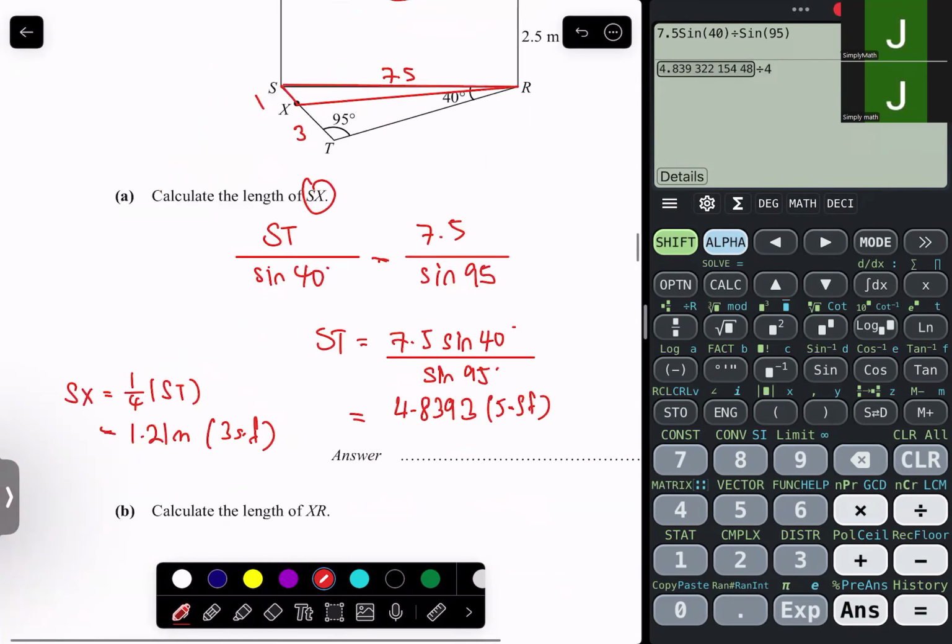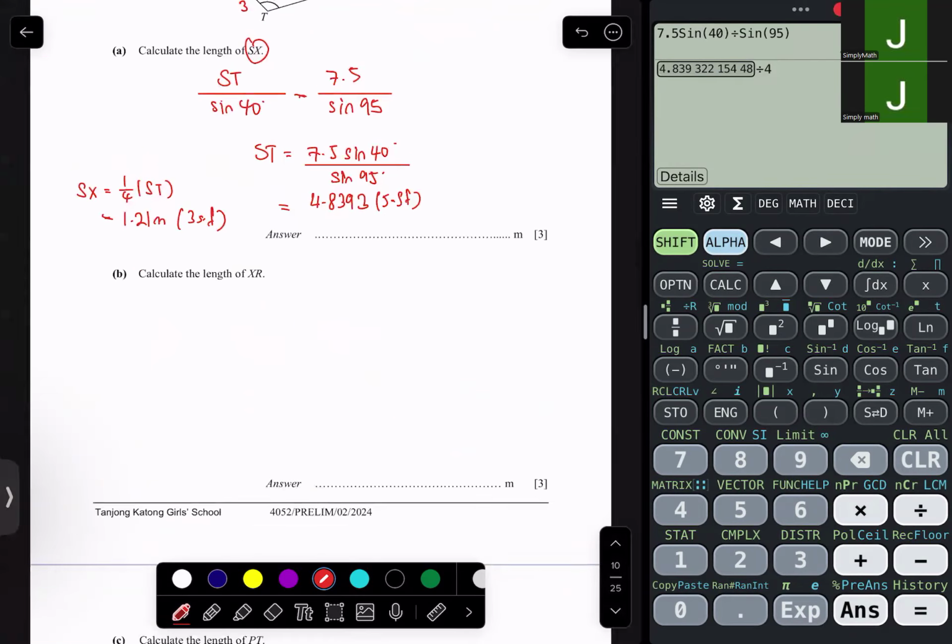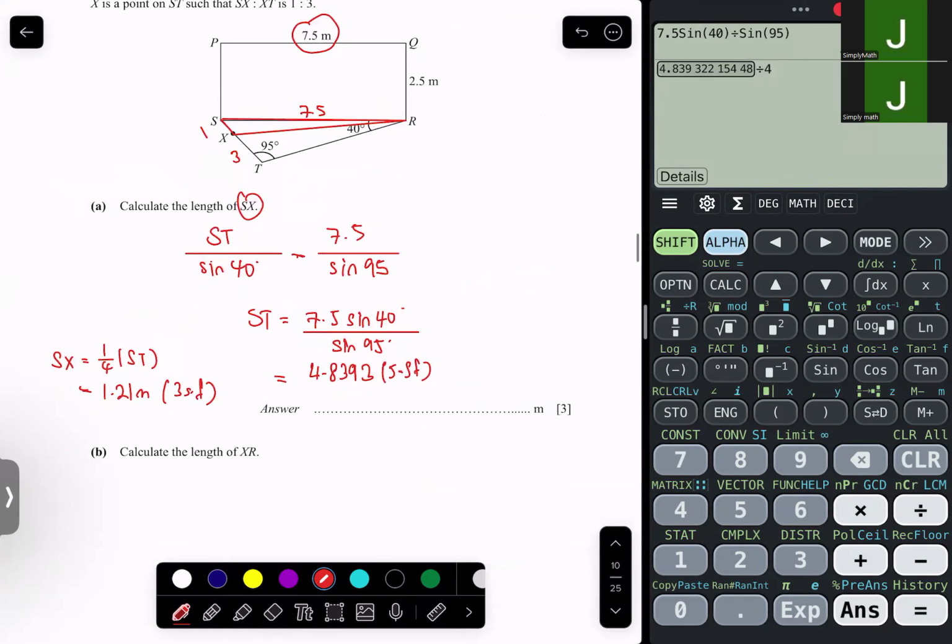I definitely can find TR. 3 marks is okay. If I use sine rule, the next one will probably be cosine rule, but I don't really see the cosine rule down here yet. Need to find XR. Looks like I need to do one additional step, which shouldn't be the case.